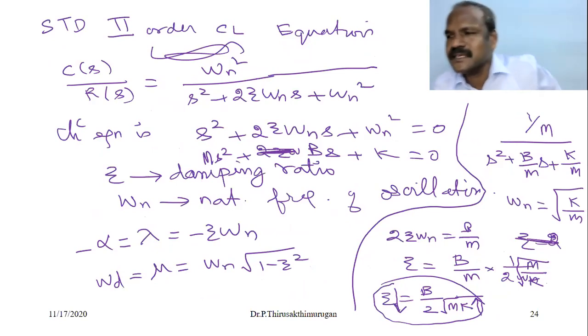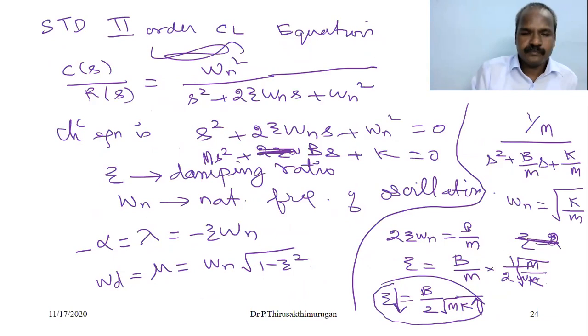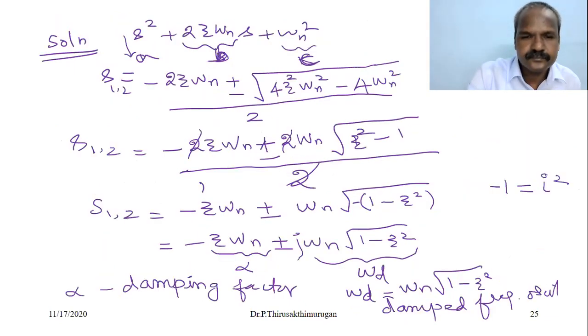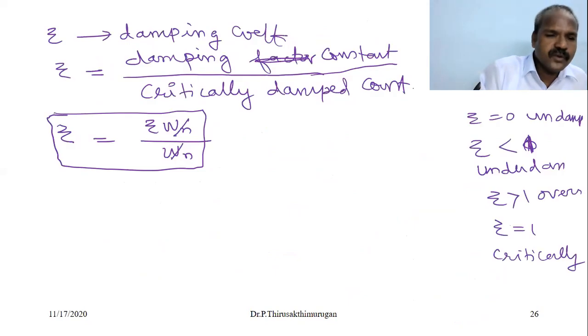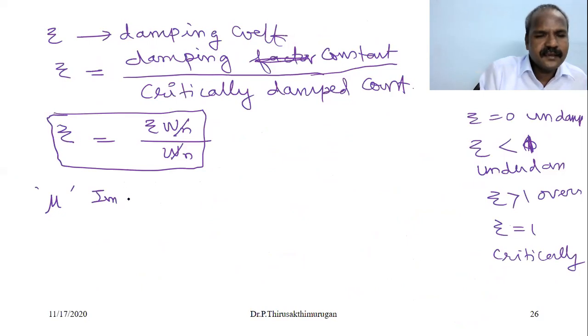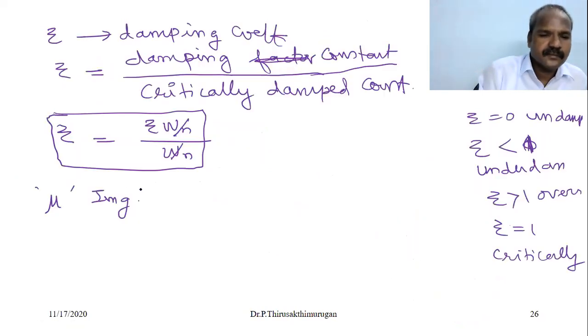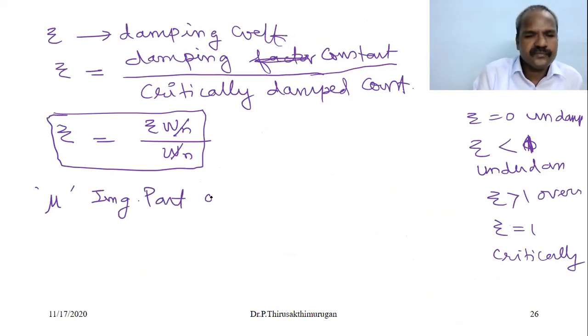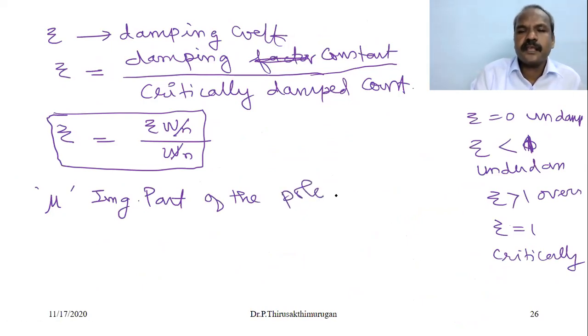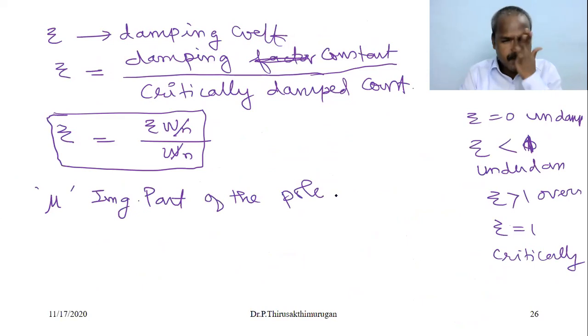In this terminology, mu is the imaginary part coefficient of the pole, sometimes called the damped frequency of oscillation.